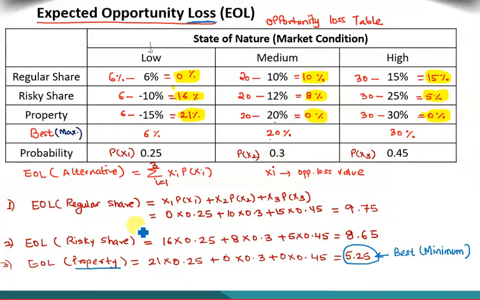In opportunity loss, when we are talking about the losses, the best means the minimum. So here the decision is to invest in property. And why? Because it gives minimum loss.